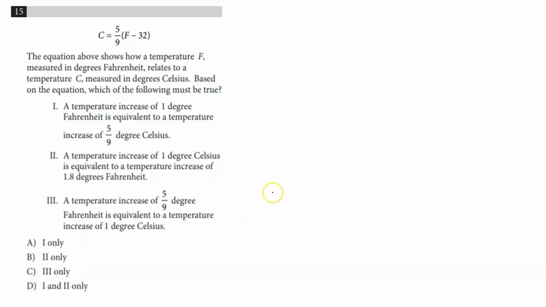Question 15 reads, the equation above shows how a temperature F, measured in degrees Fahrenheit, relates to a temperature C, measured in degrees Celsius. And that's this relationship up here. Based on this equation, which of the following must be true?